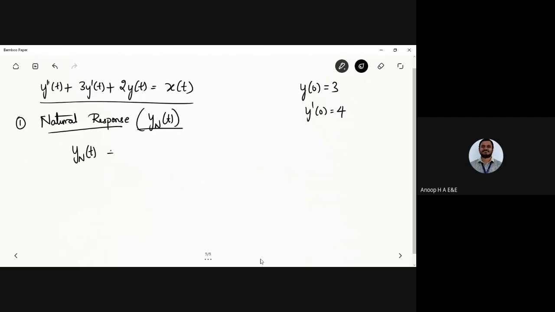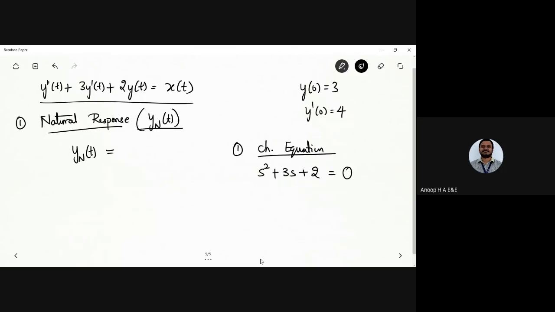In order to find out the natural response of the system, the first thing you are going to do is to find out the characteristic equation, that is s squared plus 3s plus 2, with the input not applied.